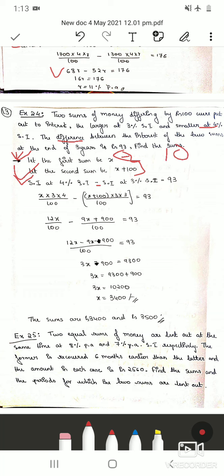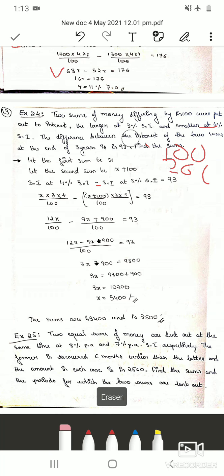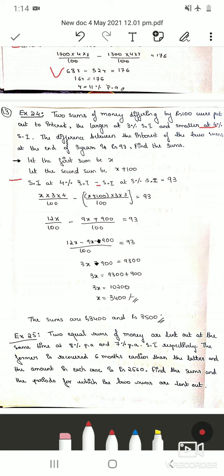Suppose your first sum is 100, then the second sum will be 200. Therefore here the smaller sum is which? The first sum. Therefore for the first sum we are taking the rate of interest as 4%. The larger is x plus 100, that is the second sum. Therefore it has 3% simple interest.